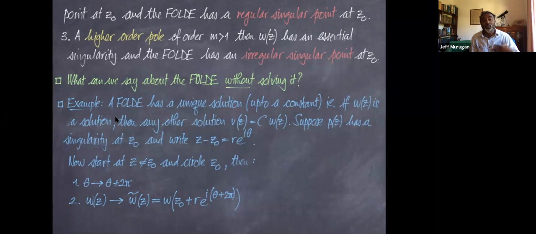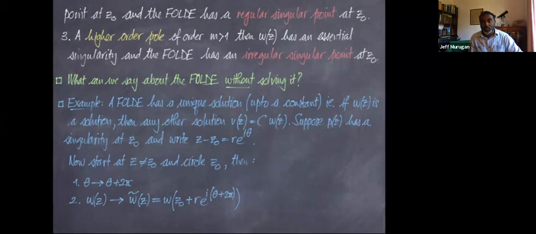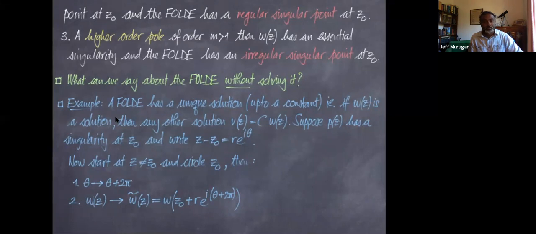Okay. But we know already that any solution of the differential equation is up to a constant multiple just W of z by uniqueness. It's just equal to W of z by uniqueness. And so that means that I can write this as some C times W of z.